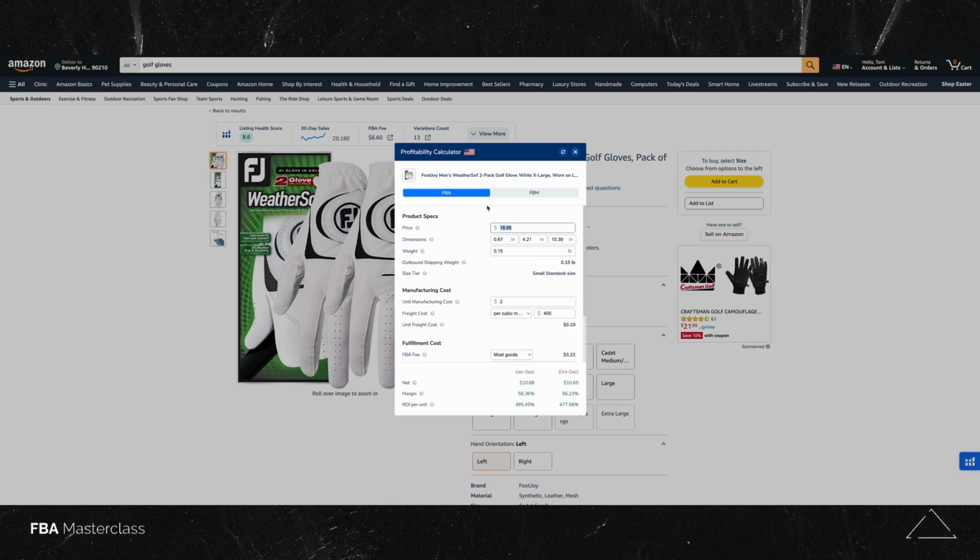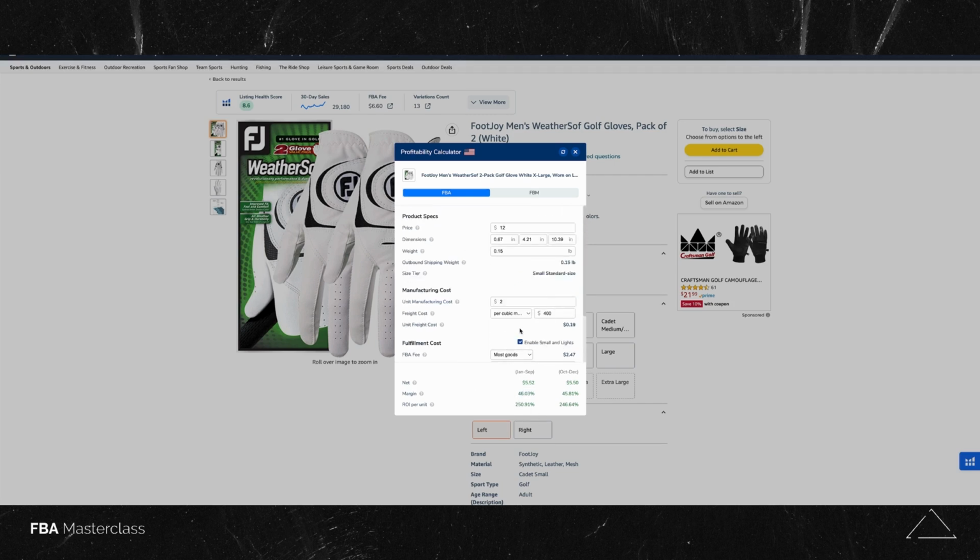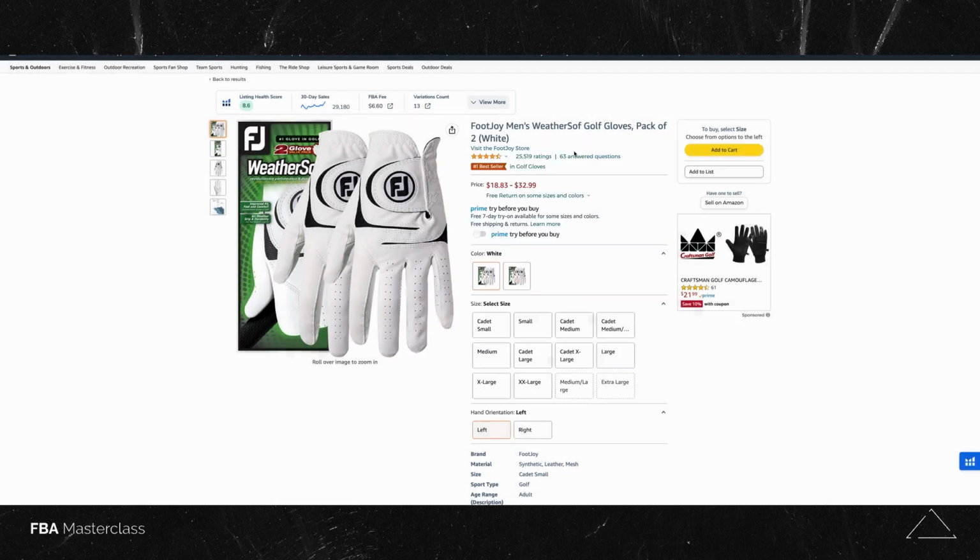But let's say for some reason we can't sell it for $19, we have to sell for $12, then you can see that the margins go down quite a bit. But even at $12, we can see that our margin and ROI per unit is still really, really good. So the margin on this product is fantastic, right?